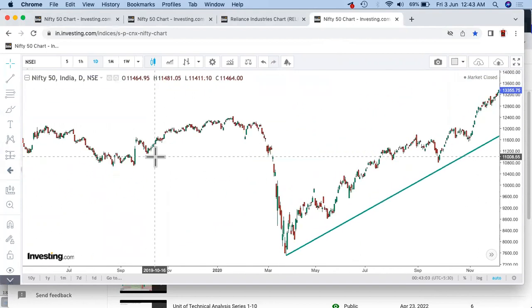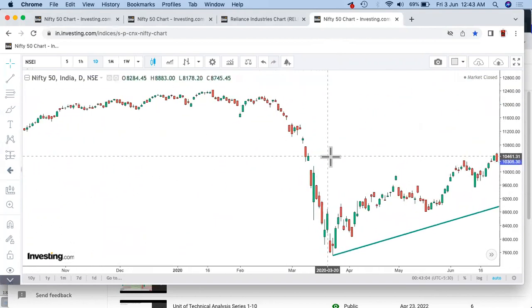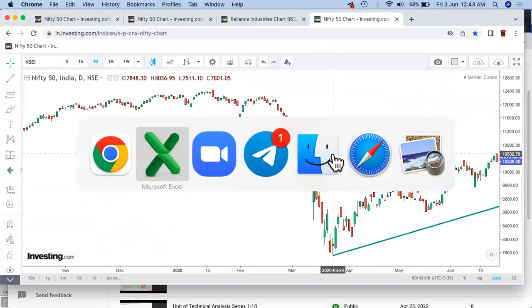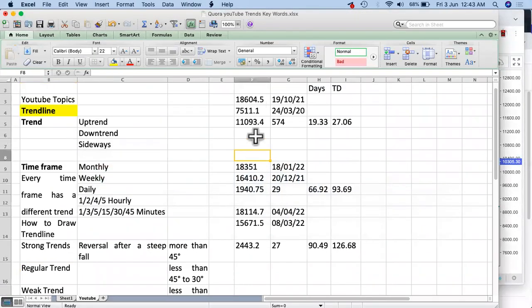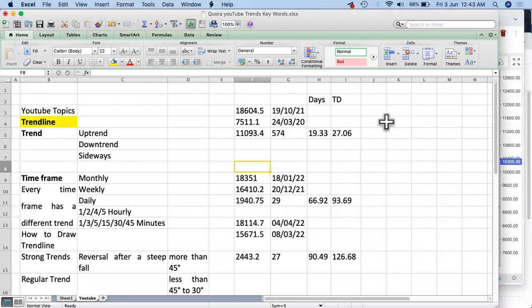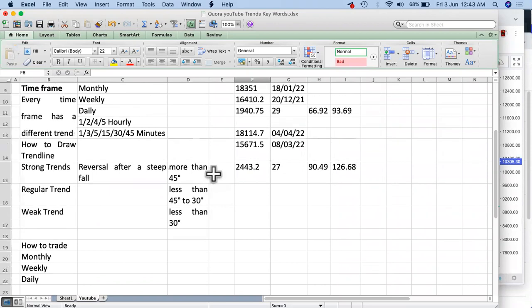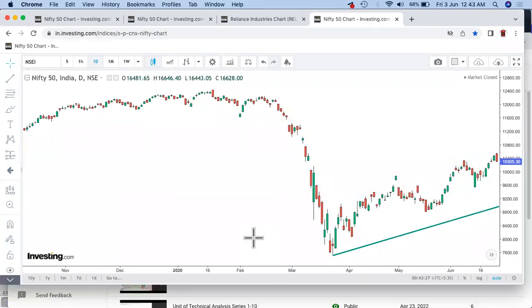We find out the low, right? Now the low over here is 7511.1, right? We'll take that. So I have considered this, or probably I'll just try to take a new example so that things will be easier just to find out for the first time. 7511.1, and we take down the date for that, right?